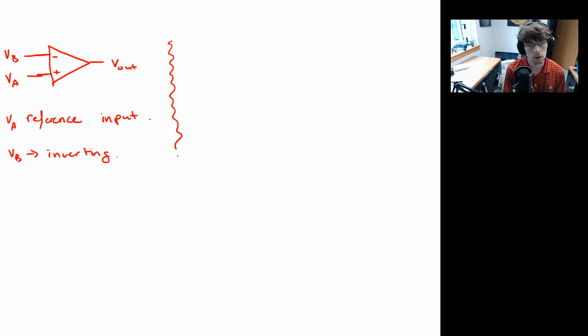In general, what this operational amplifier will do is output the difference between the two inputs. In other words, V out is going to be the difference between the non-inverting input and the inverted input.